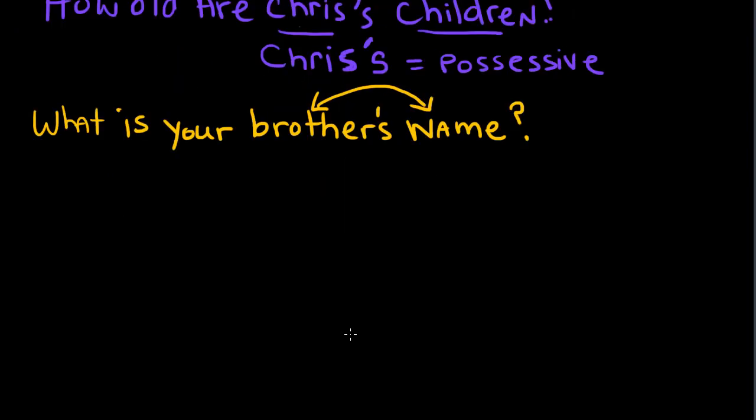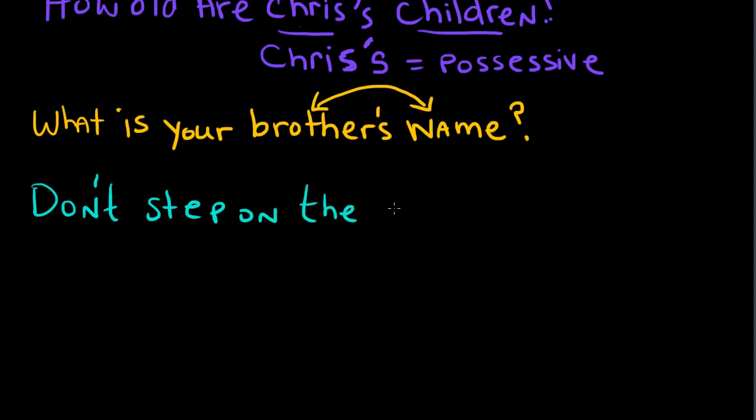Let's look at an example with an animal. Hey, don't step on the cat's tail. The tail belongs to the cat, so the cat has ownership over part of its body, its tail.